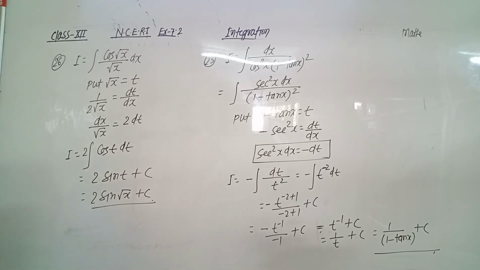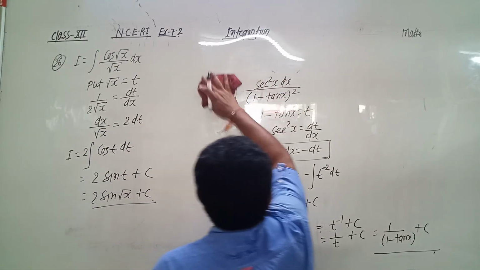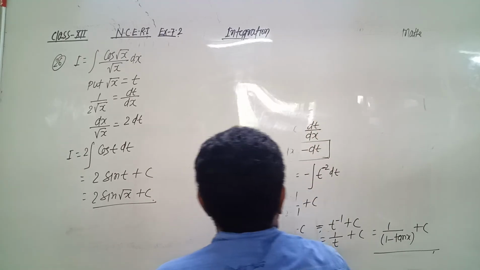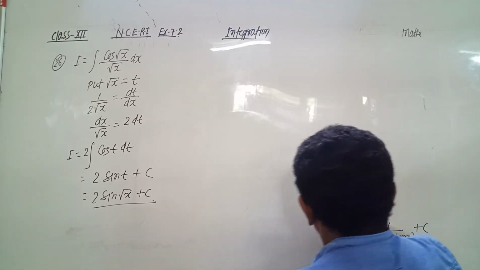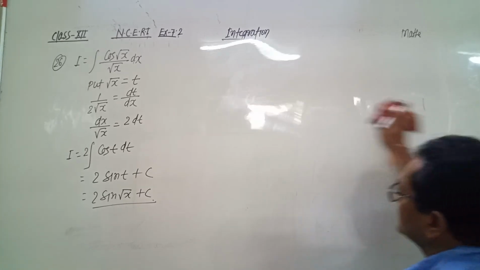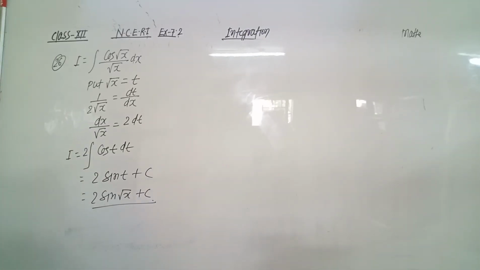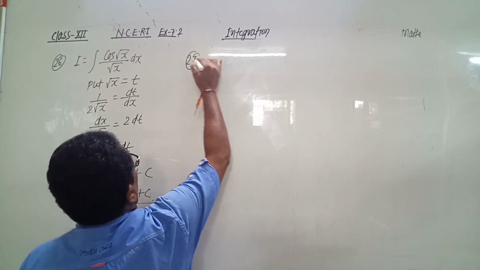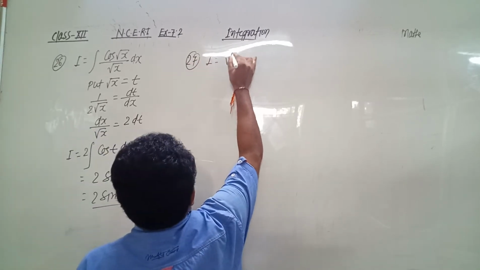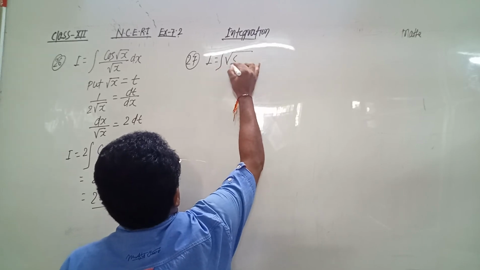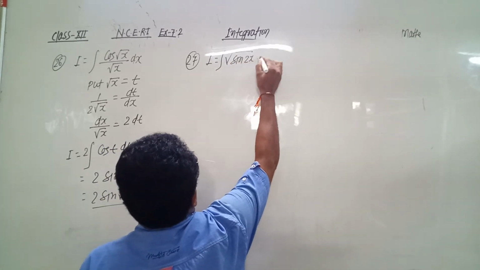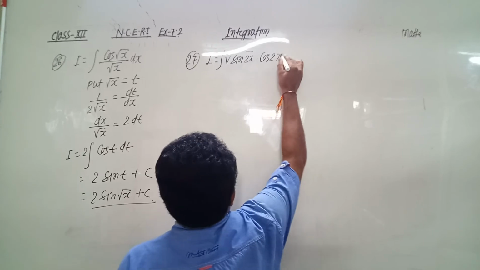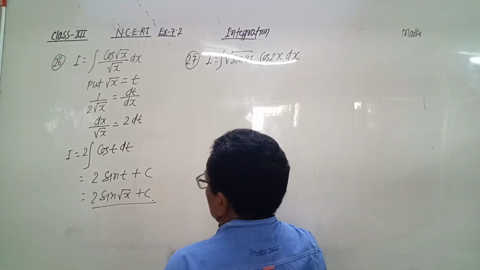Now question number 27. This is root of sin 2x into cos 2x, integrated with respect to dx.